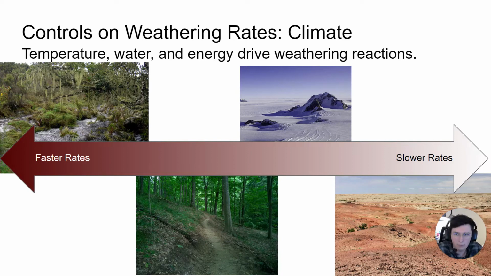That would be faster than, say, Antarctica, which is cold but has some water seasonally flowing over it, and that would be even faster than the Gobi Desert, which is both very cold and very dry generally. Temperature is very important. Again, from your kinetics, if you remember, temperature is the master control on how fast reactions proceed, and so hotter places will generally have faster weathering rates.